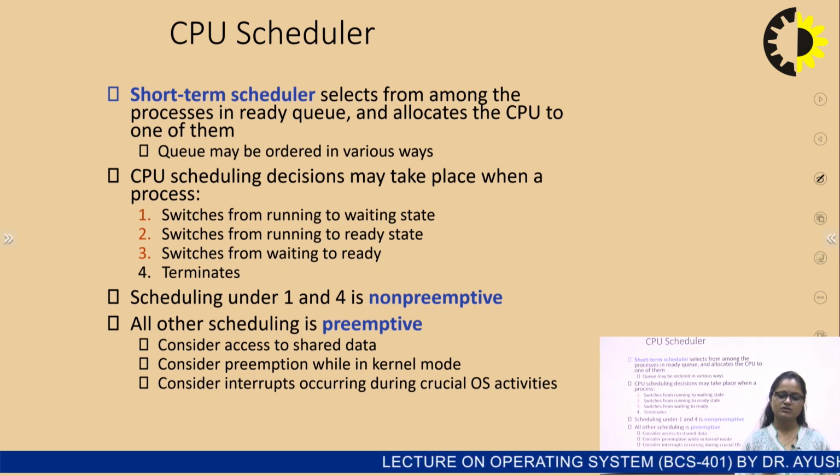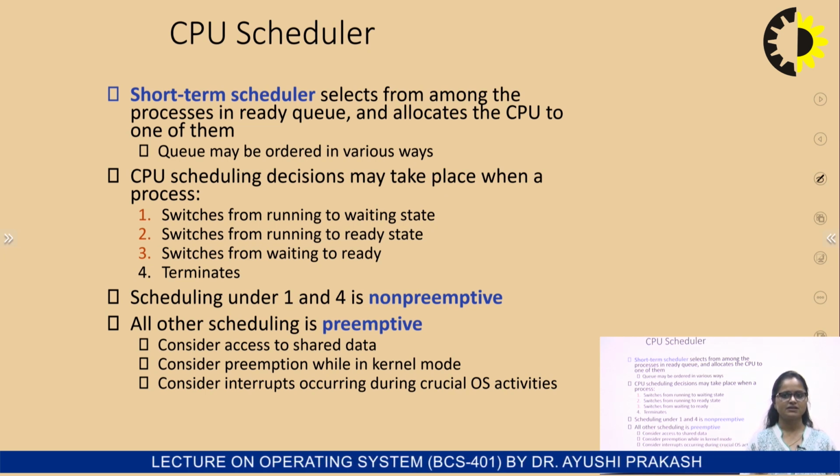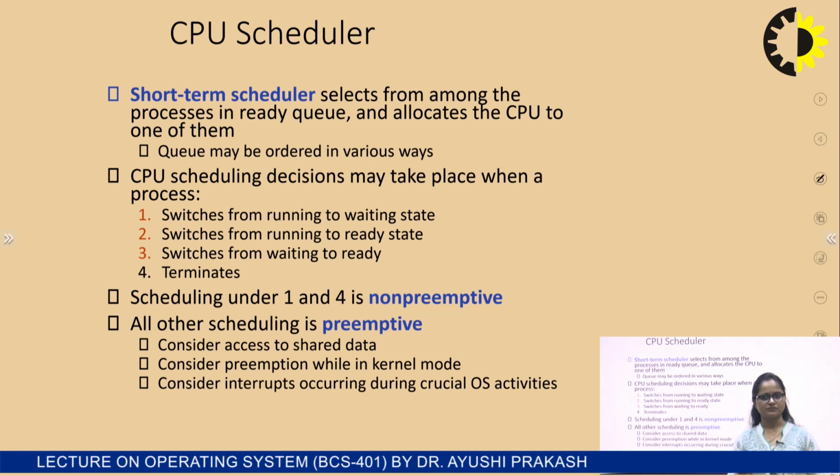It means when a process is in running state, and due to some reason the priority of another program is high, in that case the CPU is taken from this running program and given to another. So this running program is suspended, and when the other program completes its execution, the suspended program resumes its work.